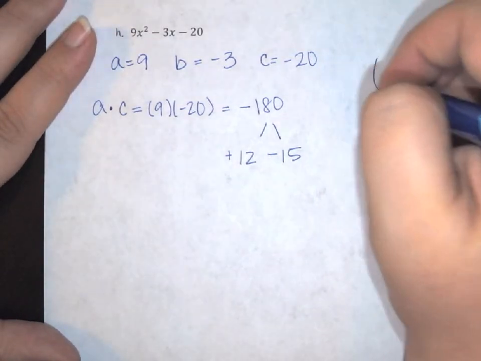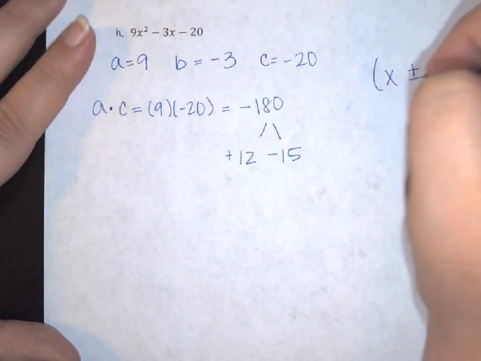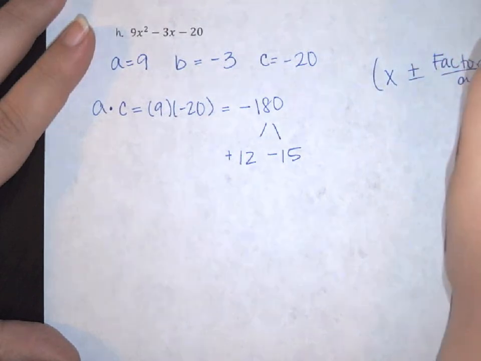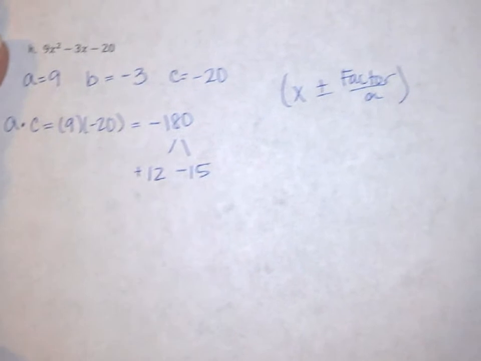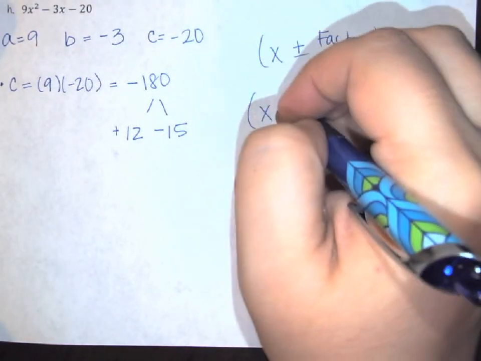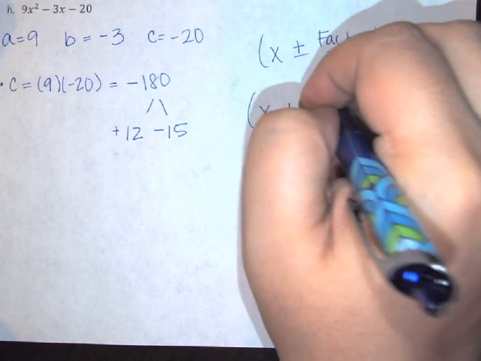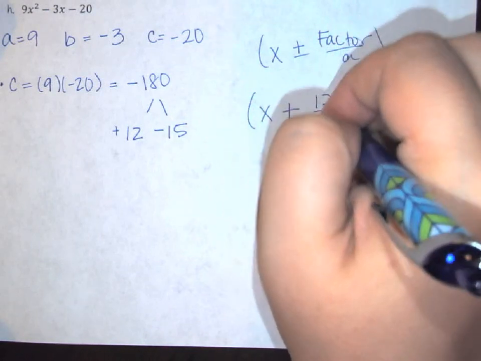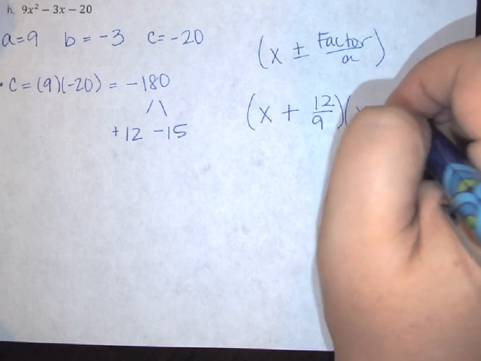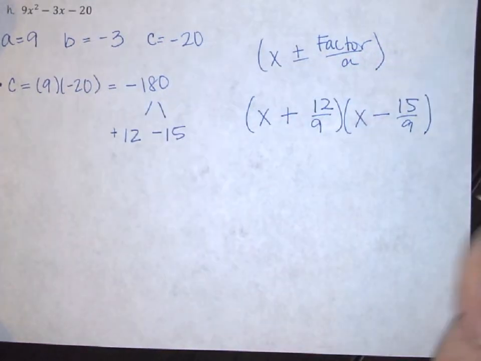So again, I want to set up x plus or minus my factor over a. So in this case, I'm going to have x plus 12 over 9 times x minus 15 over 9.